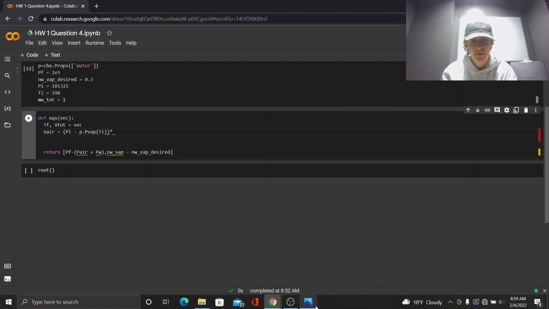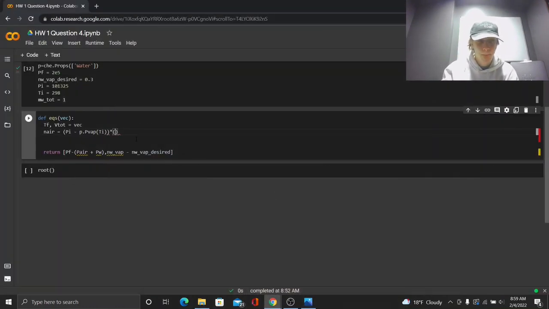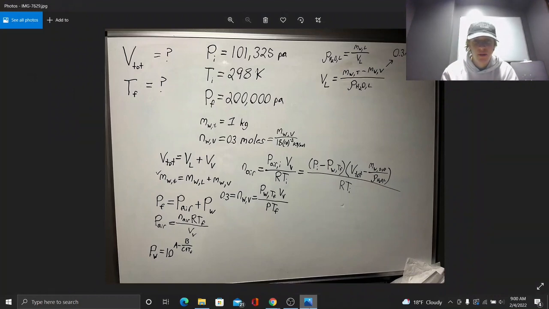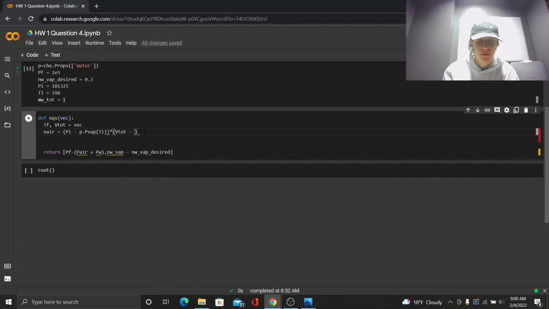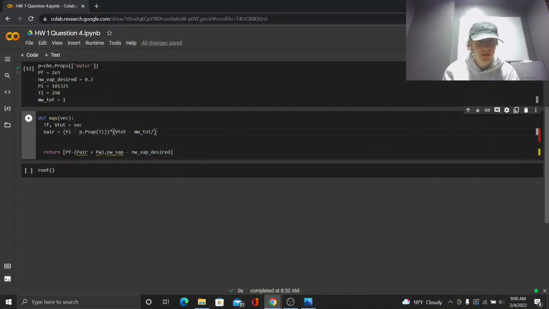And then all that is multiplied by the total volume minus the total mass of the water over the density of the water, which we can also get from the CHE tools.